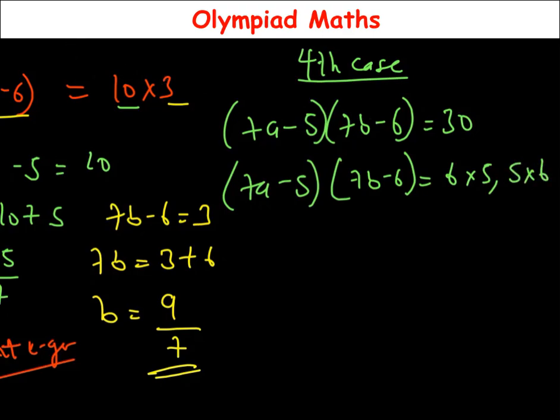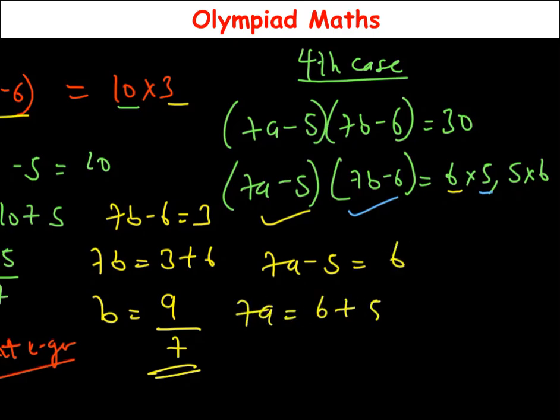We compare that 7A − 5 equals 6 for the first value of 30, and 7B − 6 is equal to 5. For the first one, 7A − 5 = 6, from here 7A is equal to 6 + 5. A is equal to 11/7.